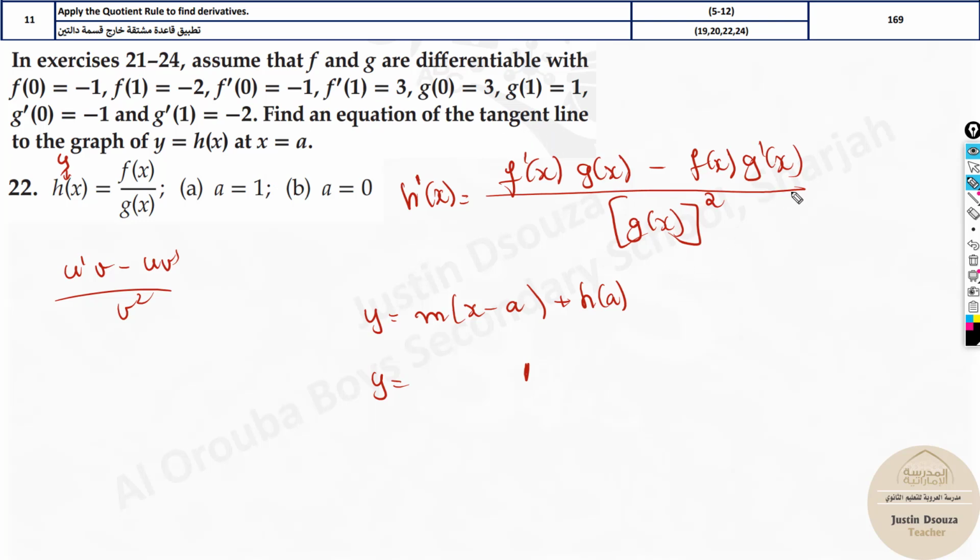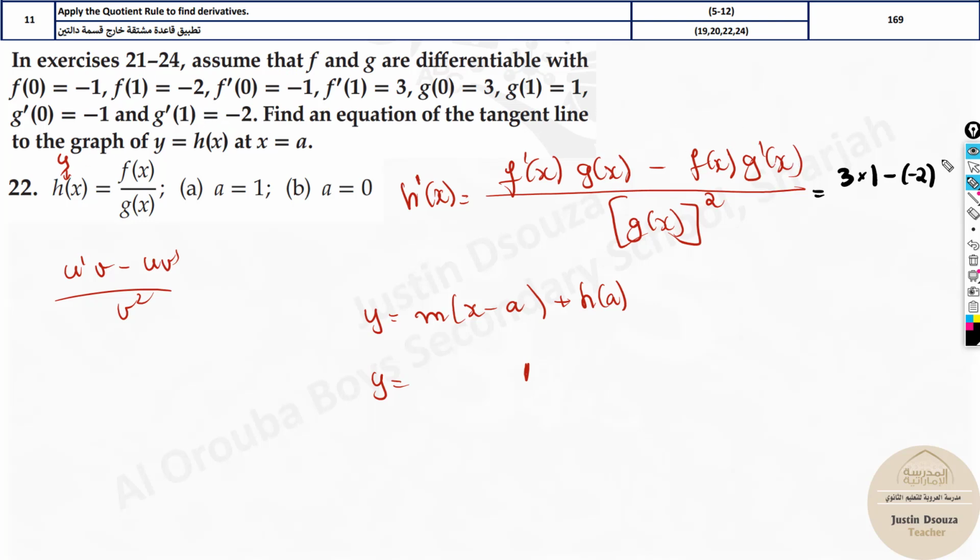3. This first part will be 3 multiplied with, what is g of 1? G of 1 is 1 minus, what is f of 1? F of 1, where is f of 1? Over here, minus 2. And lastly, what do we have? G dash of 1. Where is g dash?